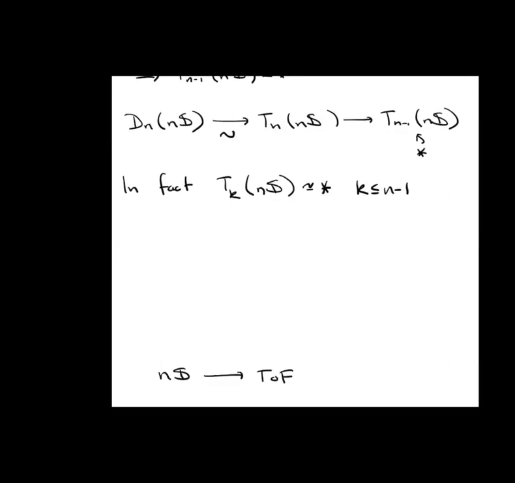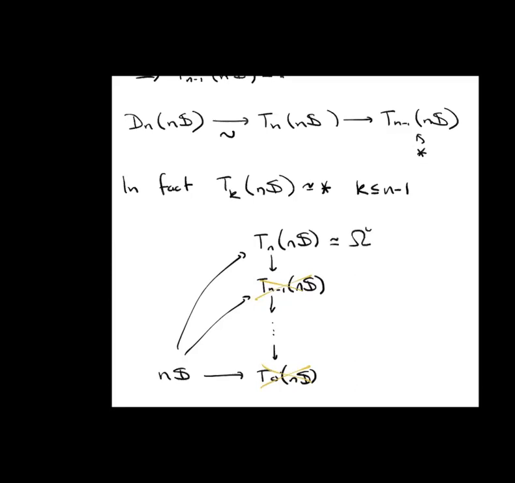You have all these polynomial approximations. And we see that all of these below a certain degree are trivial. And this is this stabilization.